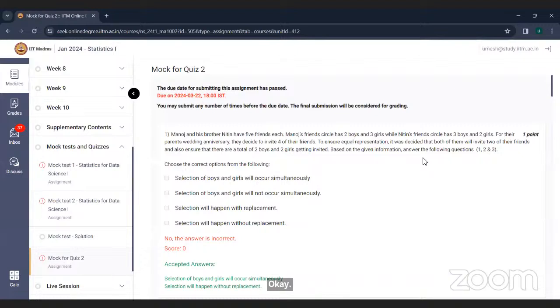And give reason also. I've shared the PDF in the chat also, if you're able to access it.